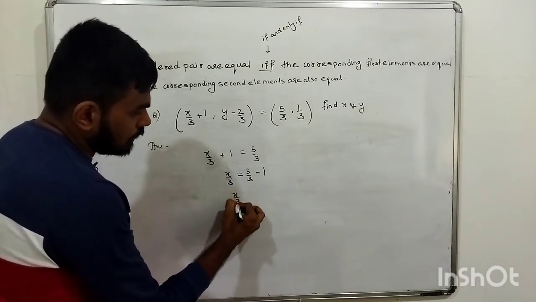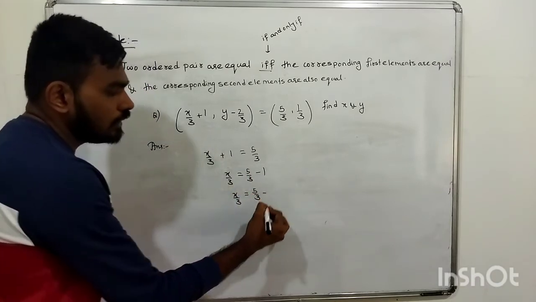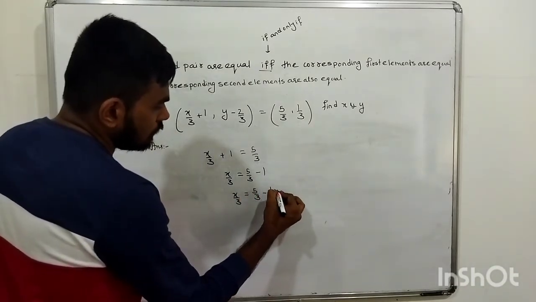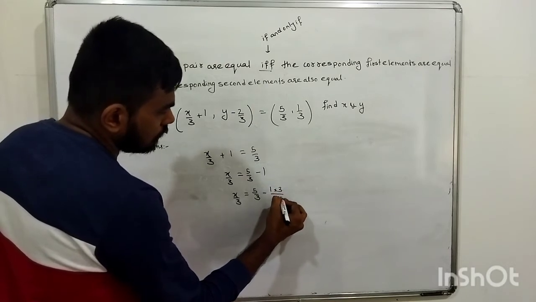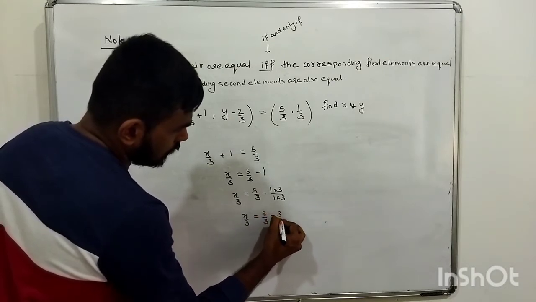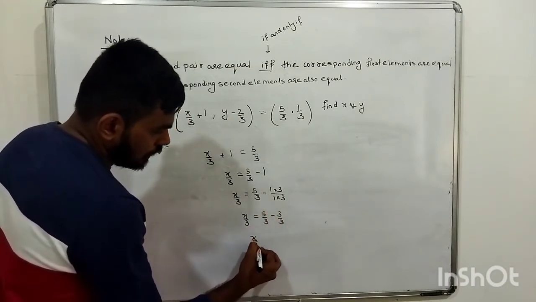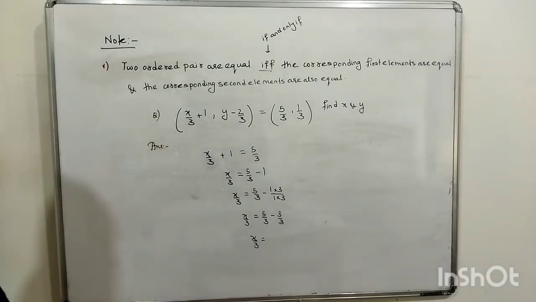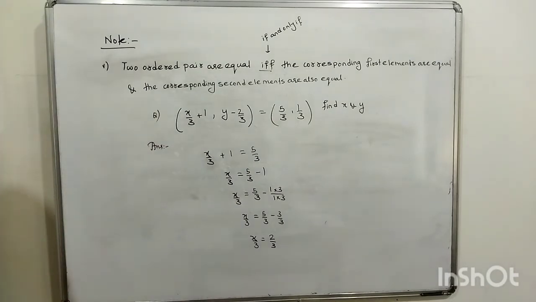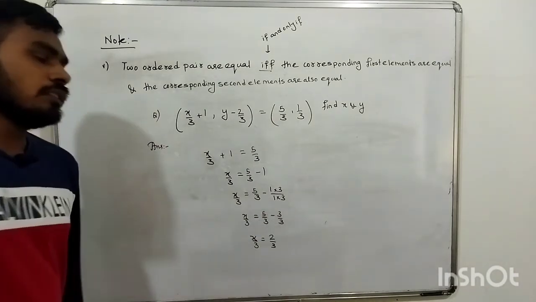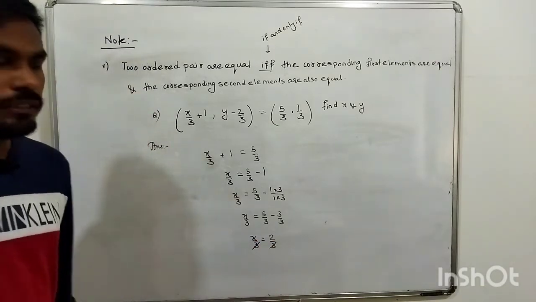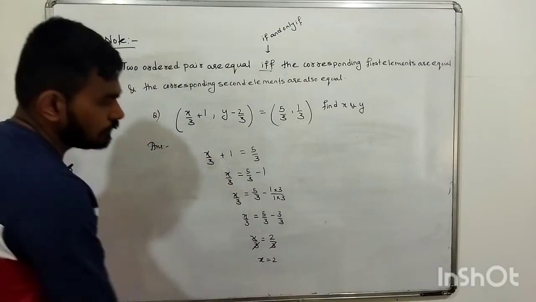This 1 I can write as 3/3, multiplying and dividing by 3. So this becomes 5/3 minus 3/3. Since the denominator is the same, you can just subtract: 5 minus 3 is 2, so it becomes 2/3. Then I can cancel the denominators, so x is equal to 2.